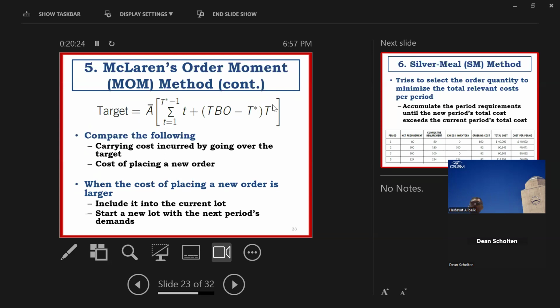So the target is calculated here: average weekly demand times this formula, sum of TBO, which we set as EOQ divided by weekly demand. Whatever number we get, if we round it down, or if it's a round number, we go to the next number, 1 unit lower than TBO. We put it here, solve this equation and get the target.